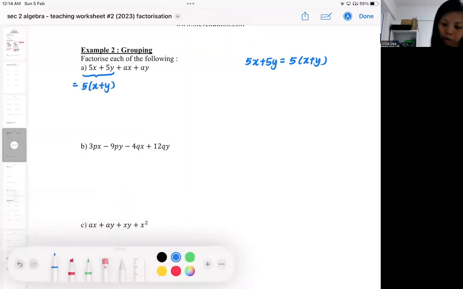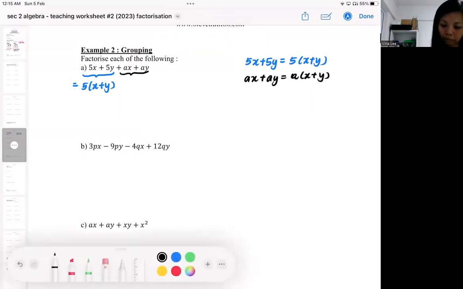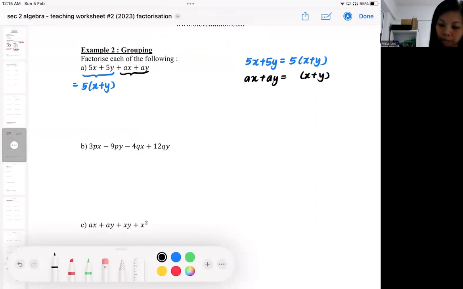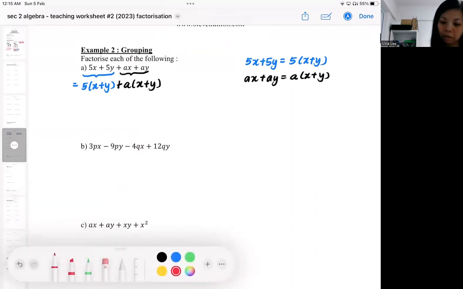And I also try another group. I also see a common factor. And in fact, after I do out, you must be able to see that the bracket is a common factor.